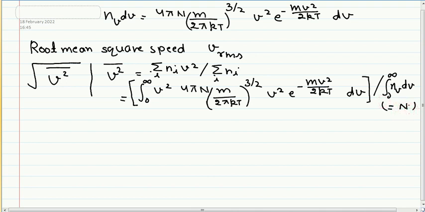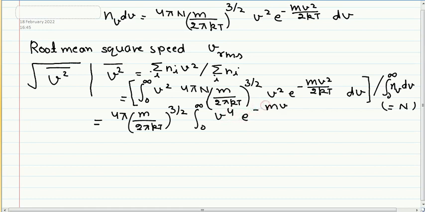So this capital N will get cancelled with this capital N. So we are left with the constants 4 pi and then (m upon 2 pi kT) to the power 3 by 2, and then within the integration it is 0 to infinity v square, and v square means v to the power 4, and then e to the power minus mv square upon 2kT into dv.